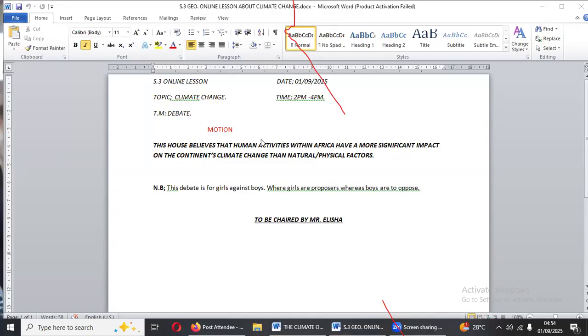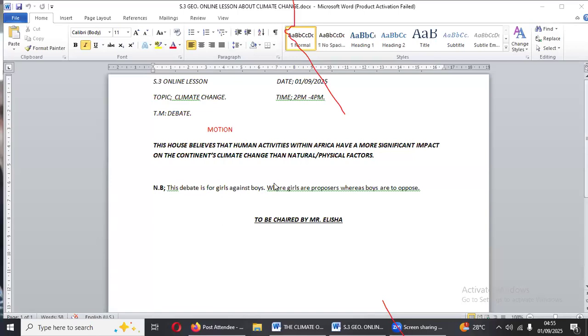We are already having it project to all of you. And it says this house believes that human activities within Africa have a more significant impact on the continent's climate change than natural factors.